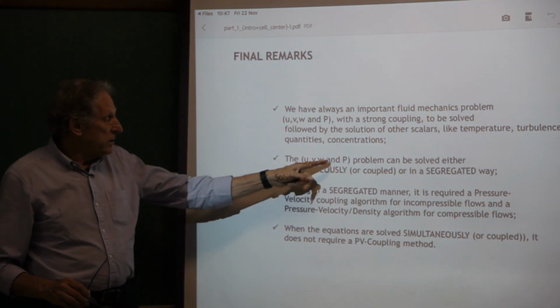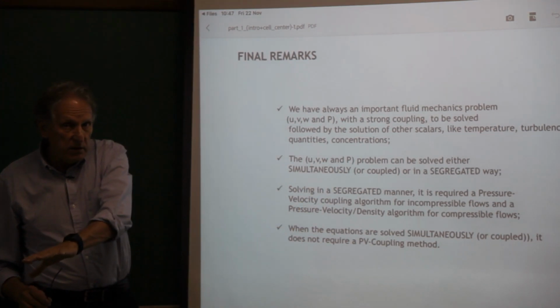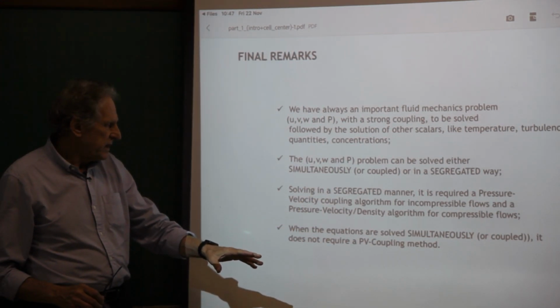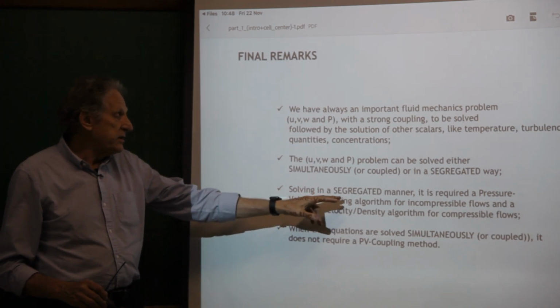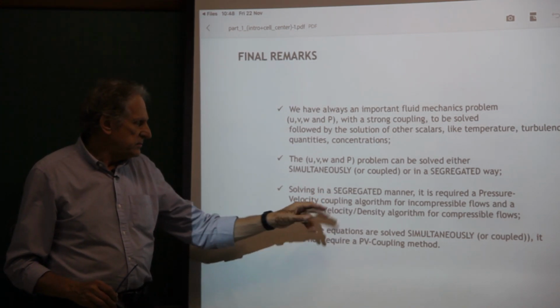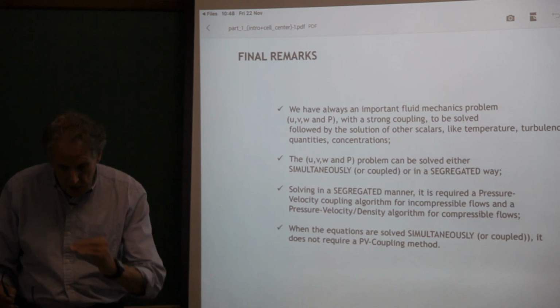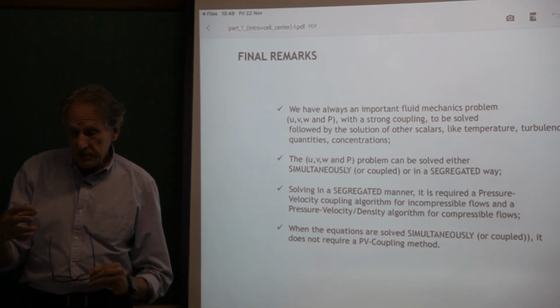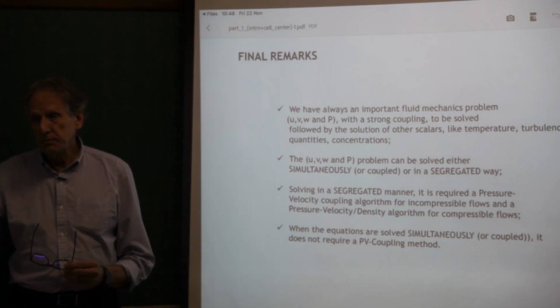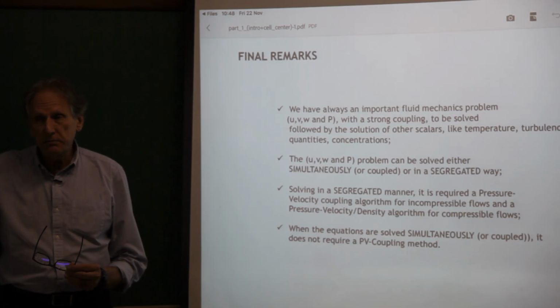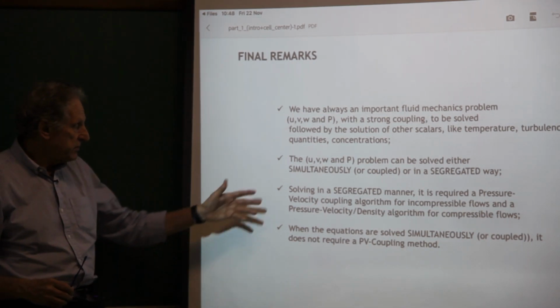And the U, V, W, and P problem can be solved simultaneously or segregated. Solving in a segregated manner, if you solve one by one, there is the need for some coupling: SIMPLE, SIMPLEX, PRIME, PISO, and many other SIMPLE-like methods.